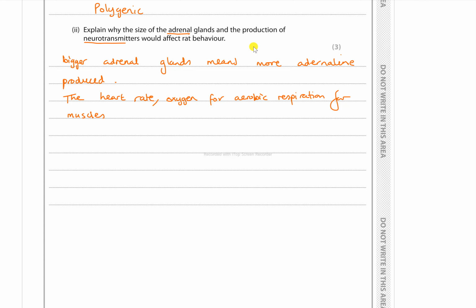That makes them more alert and ready to either run off, flight, or fight. It will make them more aggressive and more responsive to any attacks that are coming in.